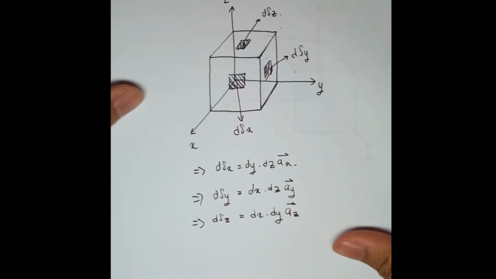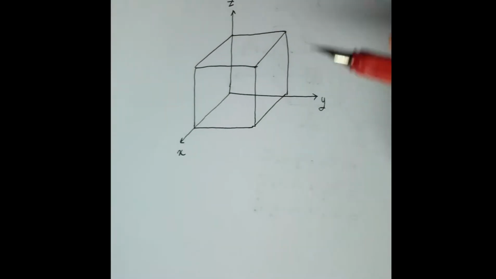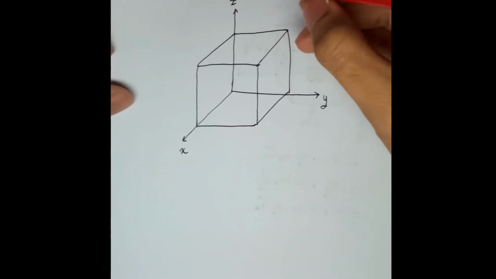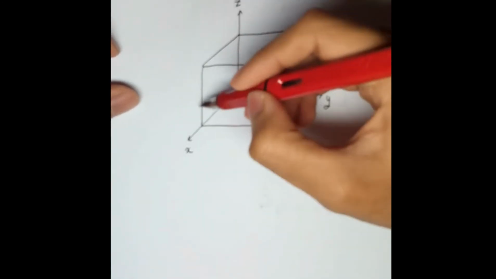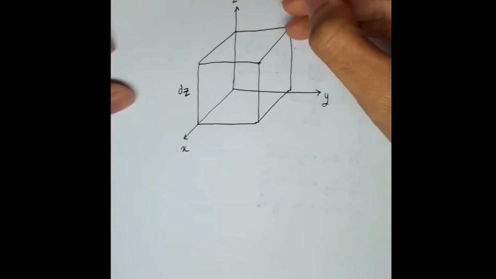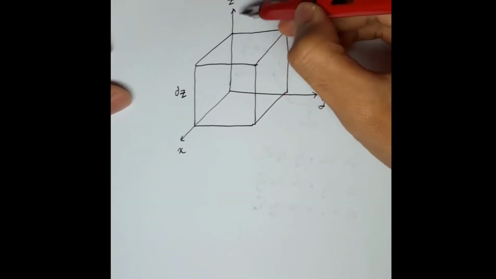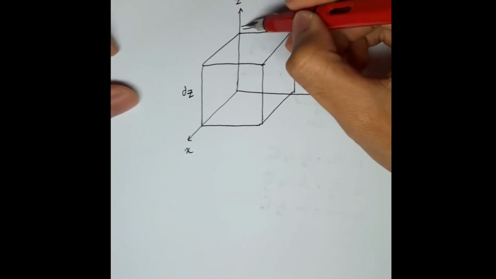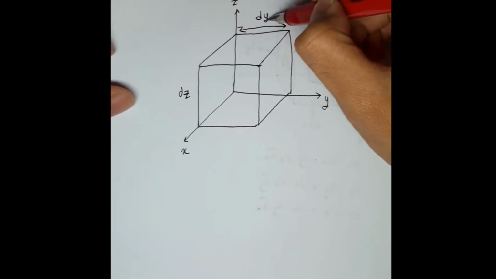Next, the differential volume. We know that this is the differential length of z. Up here is the differential length of y.